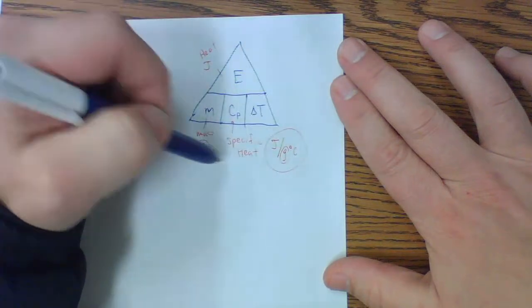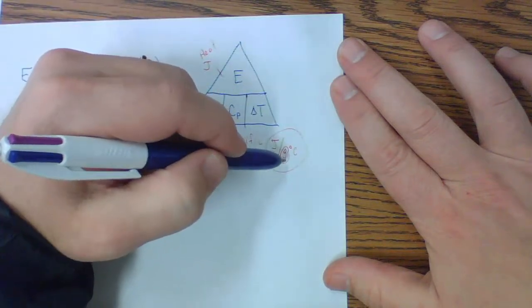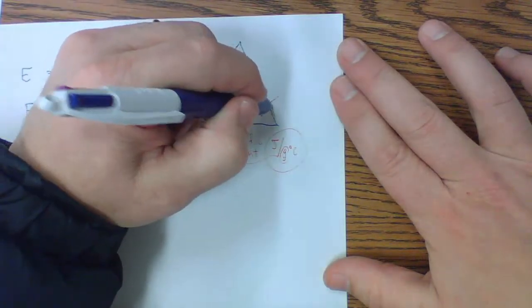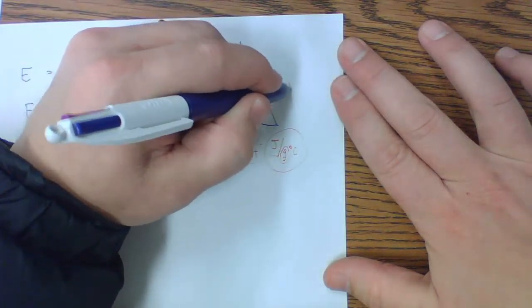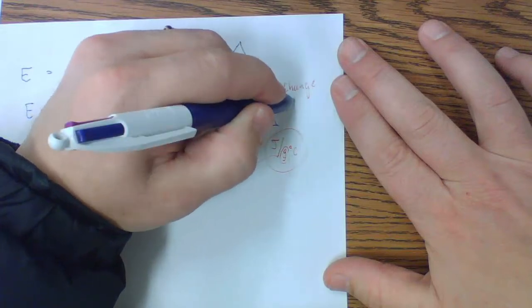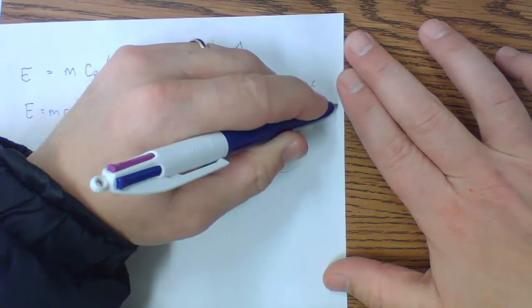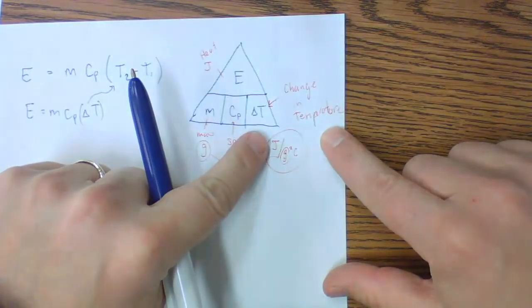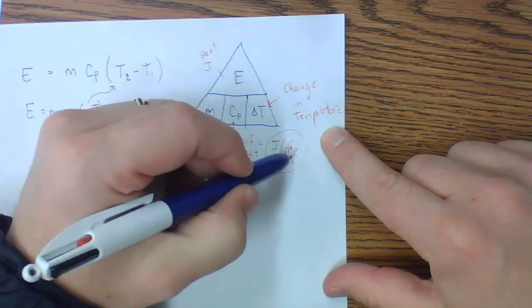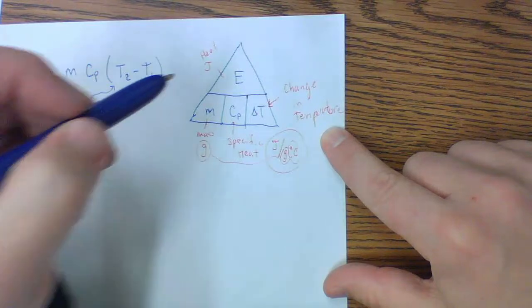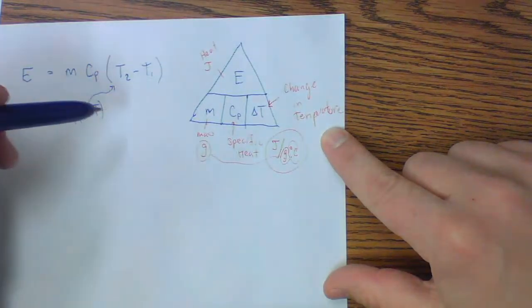So you have to make sure that these match. If this is in kilograms, this has to be in kilograms. And then this is just our change in temperature. Again, if this is in degrees Celsius, these temperatures need to be in degrees Celsius as well. So that sets up our triangle so that we can go through and solve some problems.